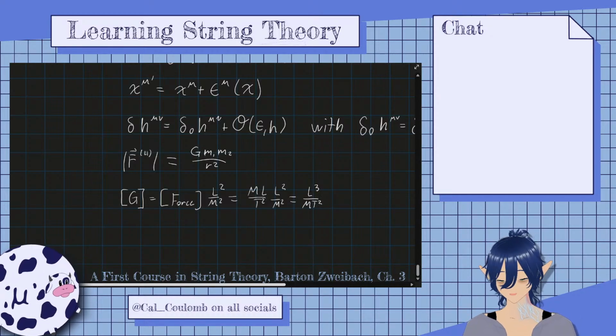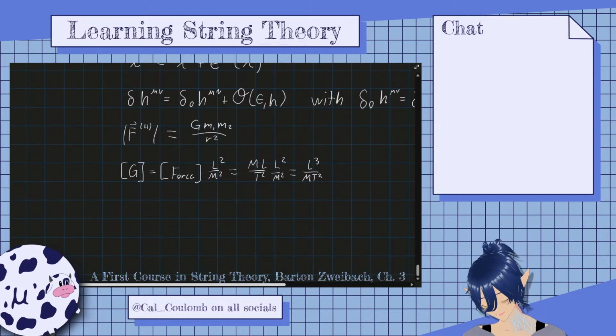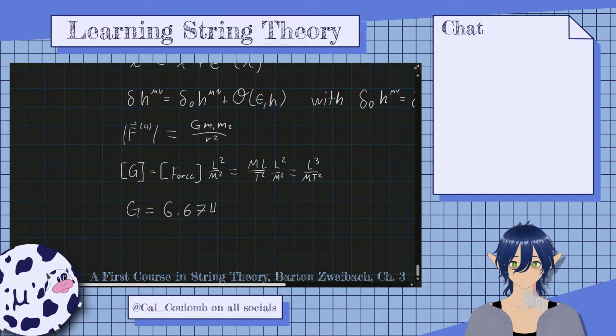The numerical value of the constant G is determined experimentally to be G equals 6.674 times 10 to the negative 11 meters cubed per kilogram second squared.